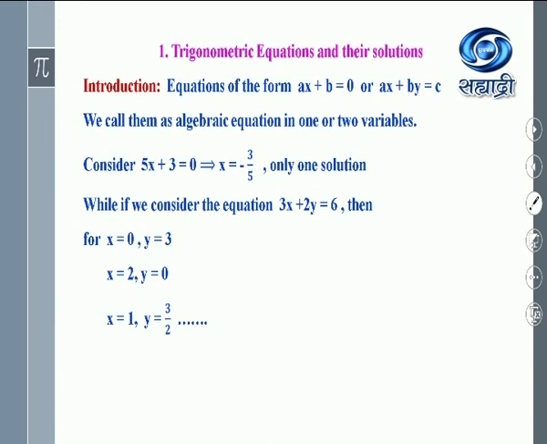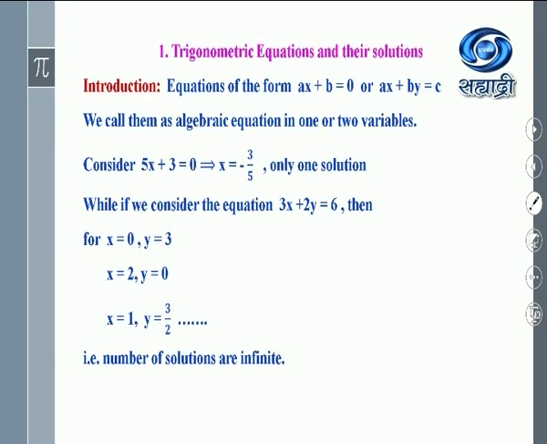So here, for the different values of x, we are having corresponding values of y. But here, I am assuming x as infinitely many. So obviously, we are having infinitely many values of y also. So for this equation, the number of solutions are infinite.